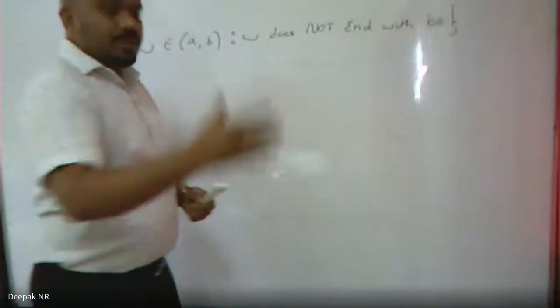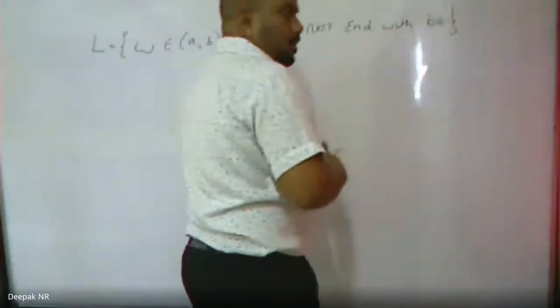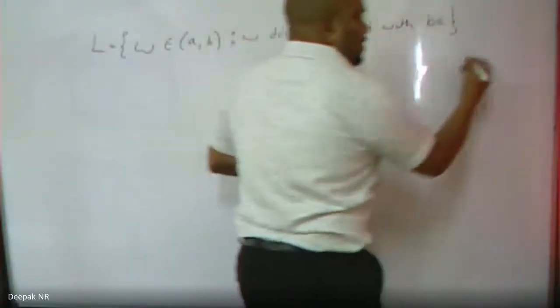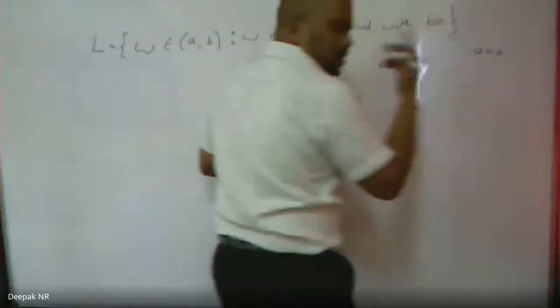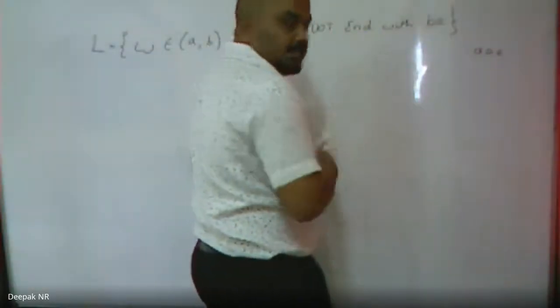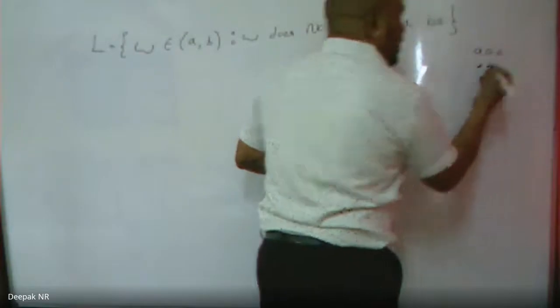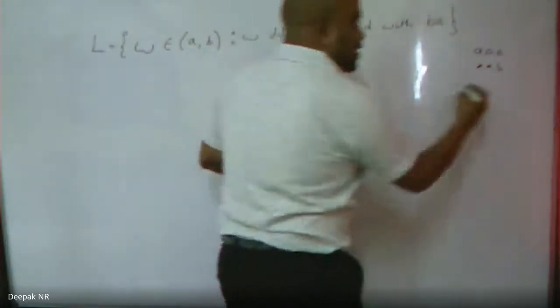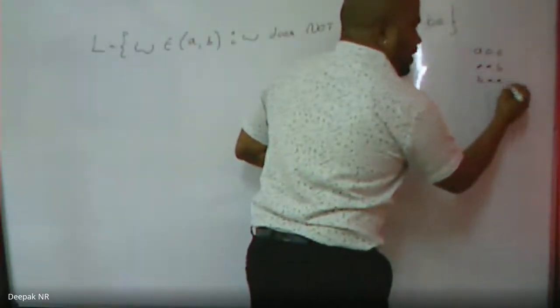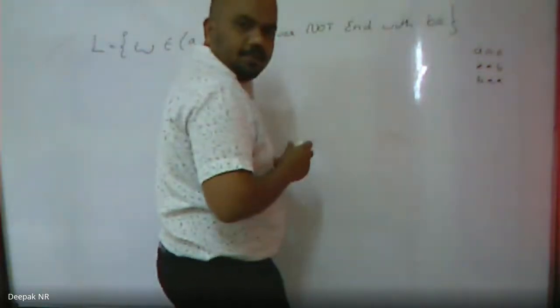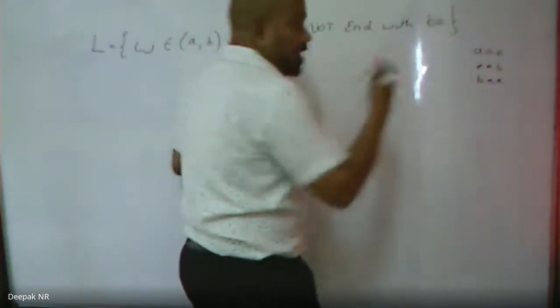For example, let me write some examples of what it means to not end with BA. AAA: yes, it's not ending with BA, so this is a true string. AAB: yes, it's not ending with BA, a true string. BAA: yes, it's not ending with BA, so hence it's a true string.